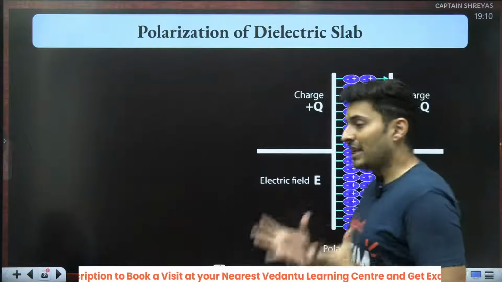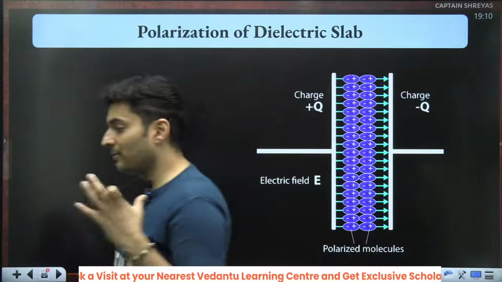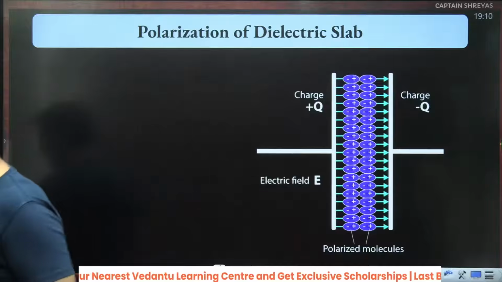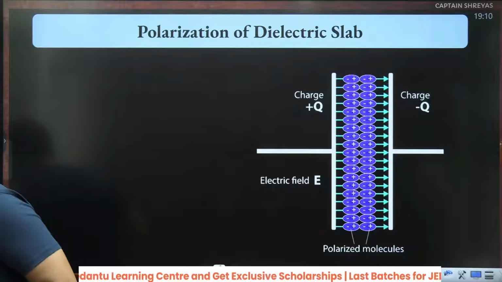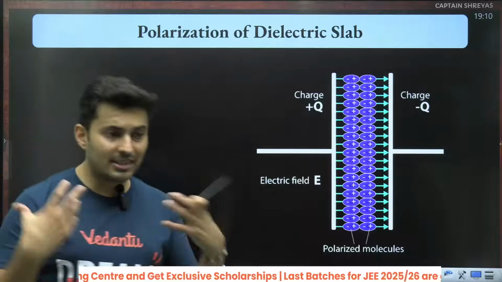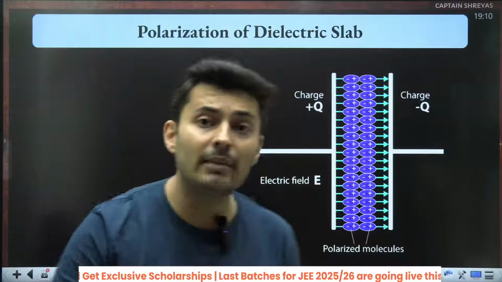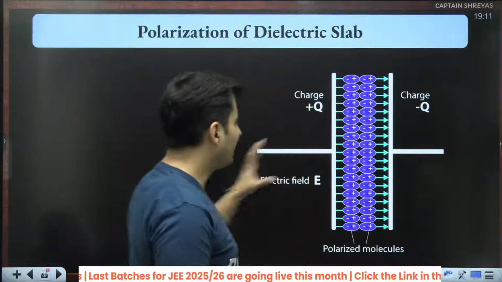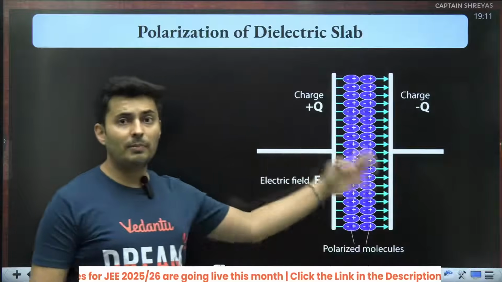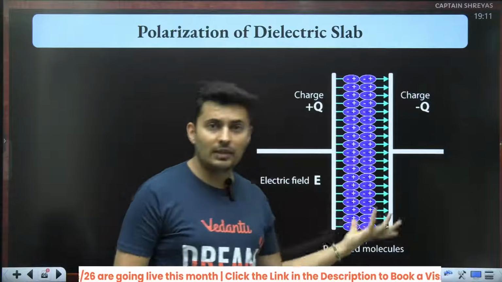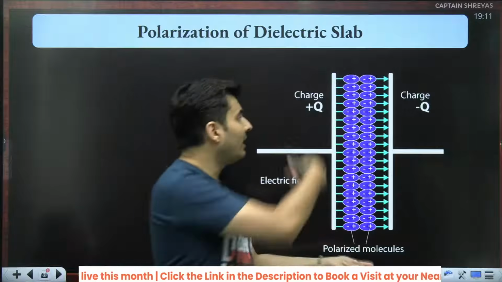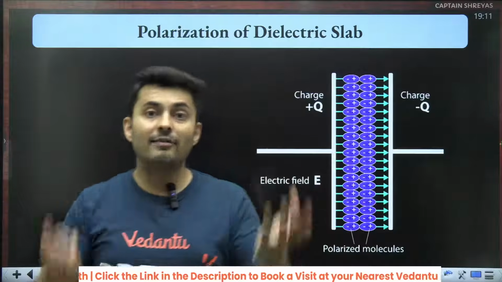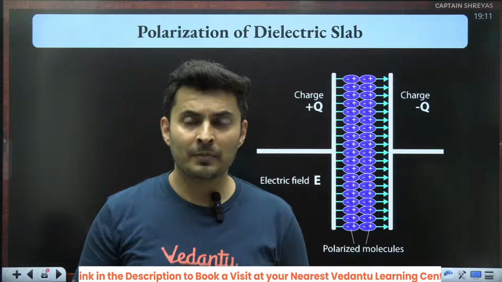This experiment was performed by Michael Faraday. Faraday inserted multiple materials and saw that the capacitance changed once you place some medium between the plates of the capacitor. So, if a capacitor is charged, the charges on the plates produce the external field, which then polarizes the medium inside, which then changes the electric field.